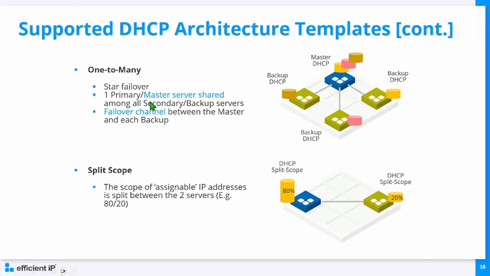You must use either one-to-one or one-to-many, because they need the failover channel. The failover channel for DHCP is required, it is mandatory. It's required for integration from DHCP to IPAM, from DHCP to DNS. Okay?